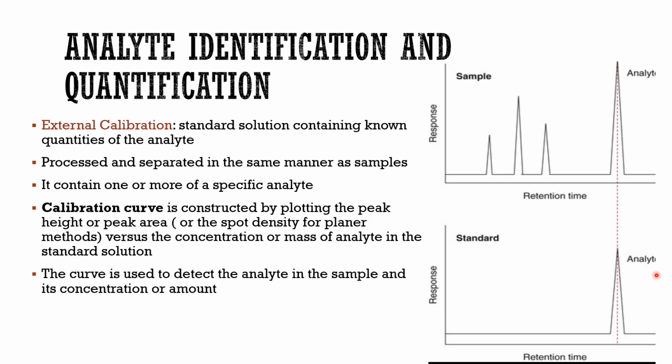So you will generate a calibration curve by using the standard, by plotting the peak height or peak area versus the concentration or mass of the analyte. Then you will run your sample and compare the results with the calibration curve to detect the desired analytes. This is the use of the external calibration.